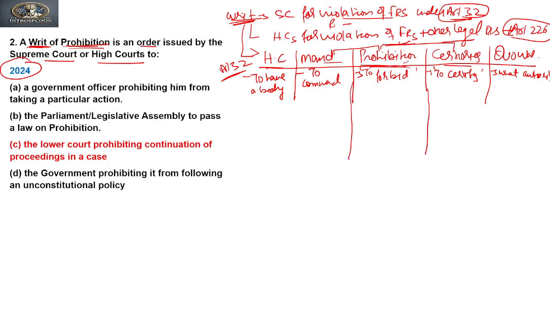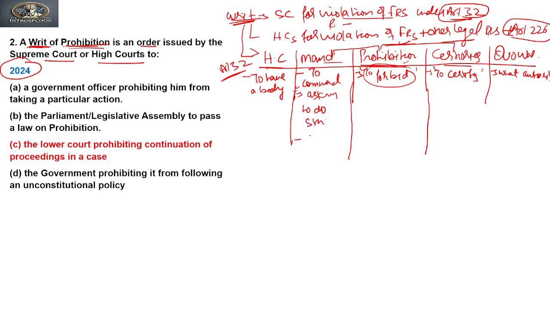So prohibition means to forbid. Now if we compare mandamus and prohibition, mandamus is basically a command, that is, it is asking someone to do something. Through mandamus, the court asks someone or an institution to do something.